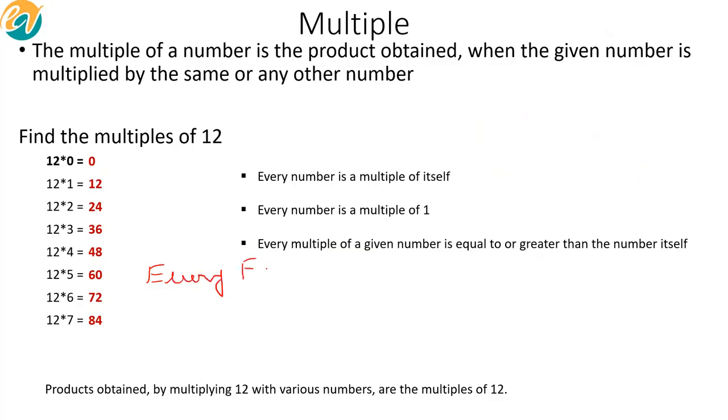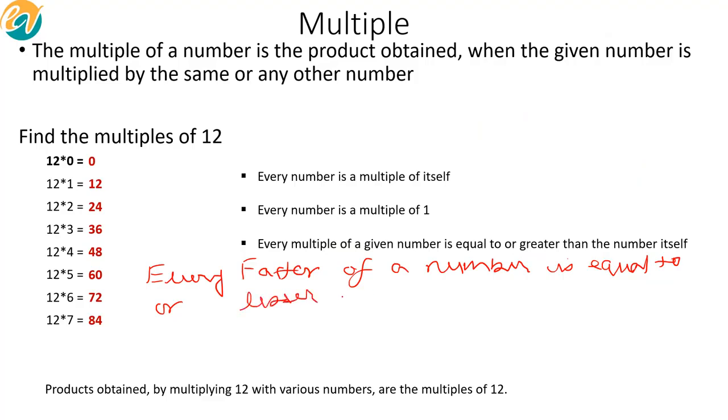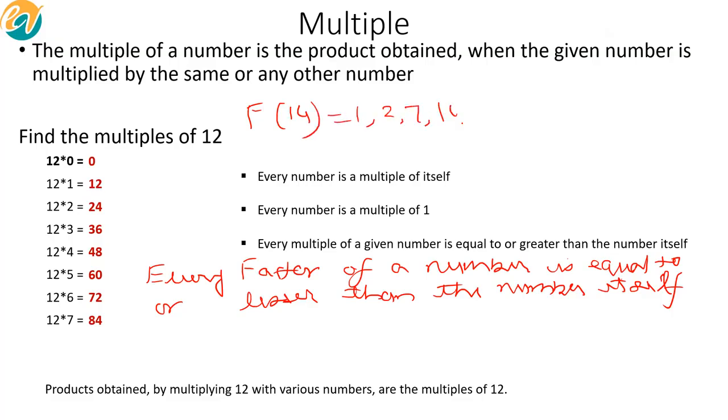Every factor of a number is equal to or lesser than the number itself. For example, what we did on the last slide was factors of 14.